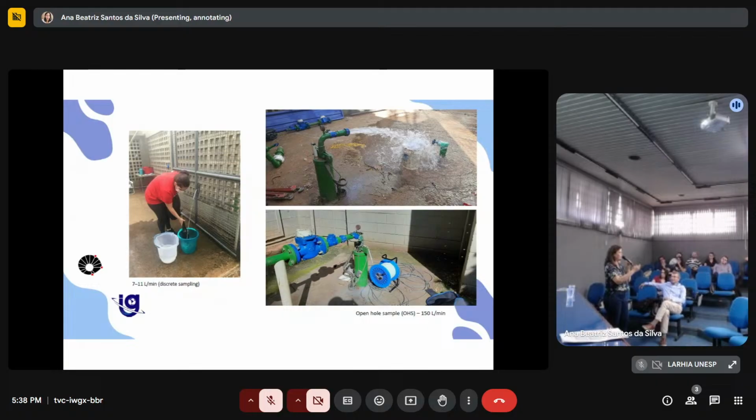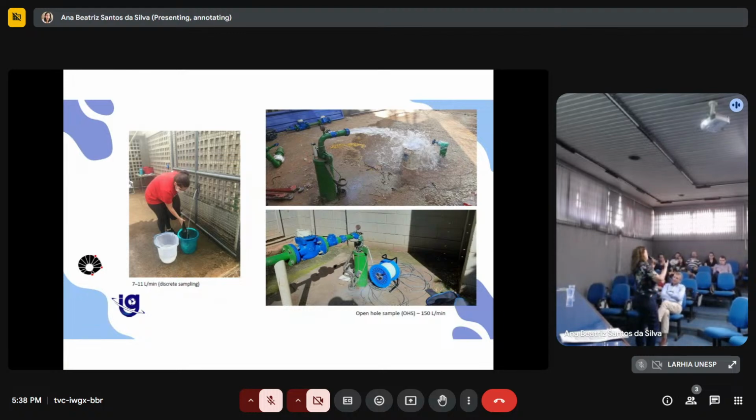Then we put back the pump and let it work for a few days, and then we collected the open hole sample. This photo is just to give you an idea of the yield of the well when we collect the open hole sample. So it's about 150 liters per minute.